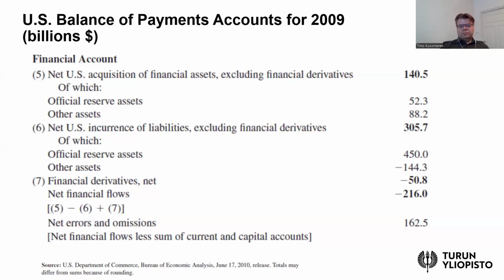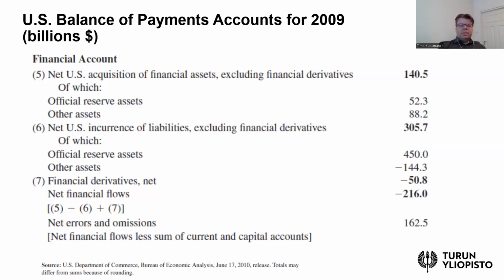And then financial derivatives are included separately in item number 6. The net financial flows, similarly to the current account, are item number 5 minus item number 6 plus item number 7. So the financial account balance is minus 216 billion US dollars.